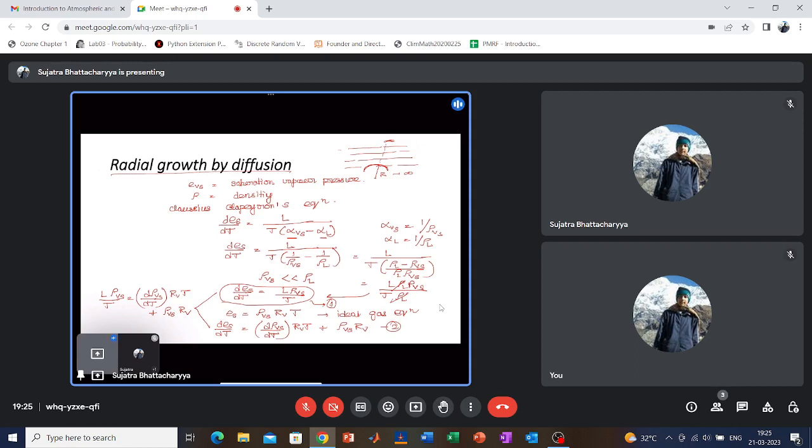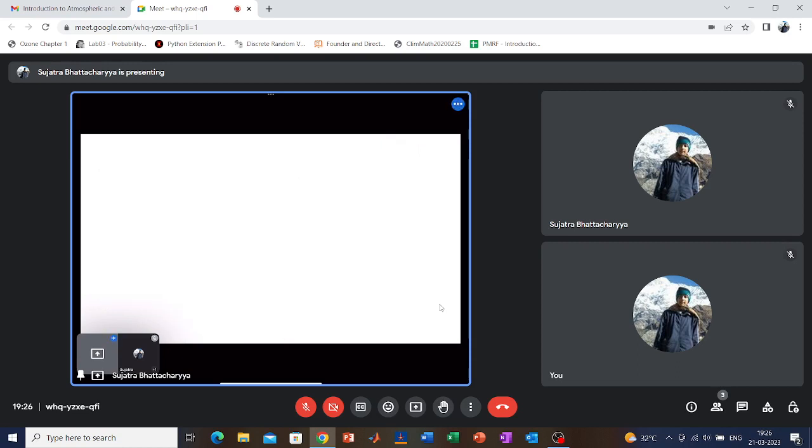Simple, just we are combining those things, or just writing the right hand side of the first equation here. Okay. Now, whatever the expression we get, let us divide it with rho Vs Rv T. So let's do it in the next slide.